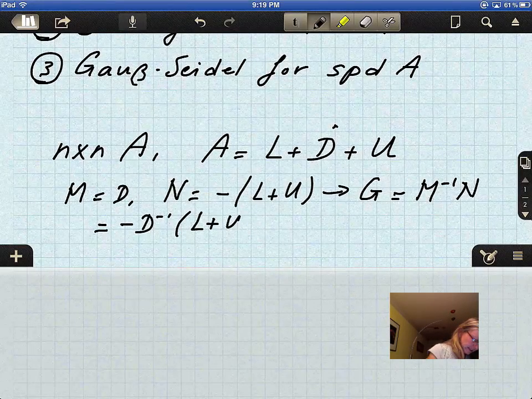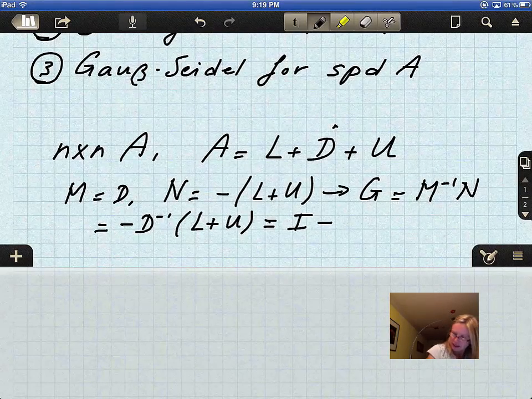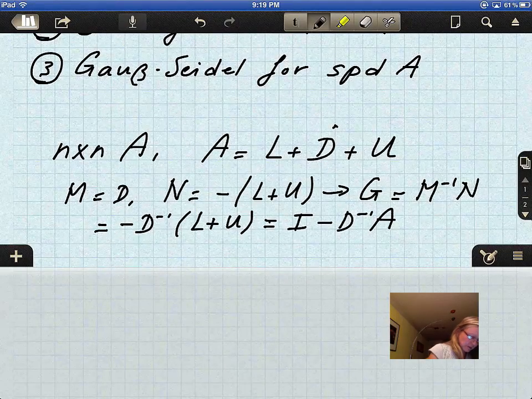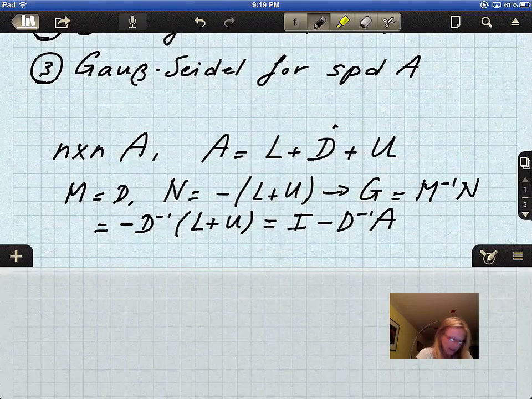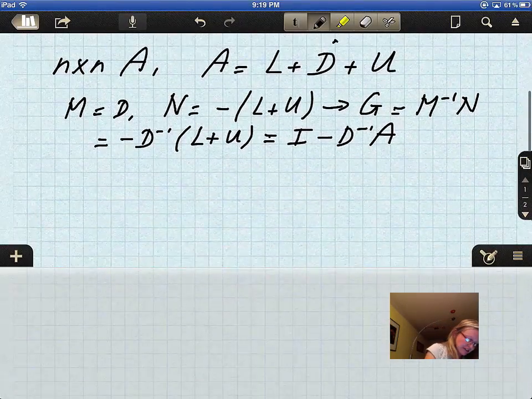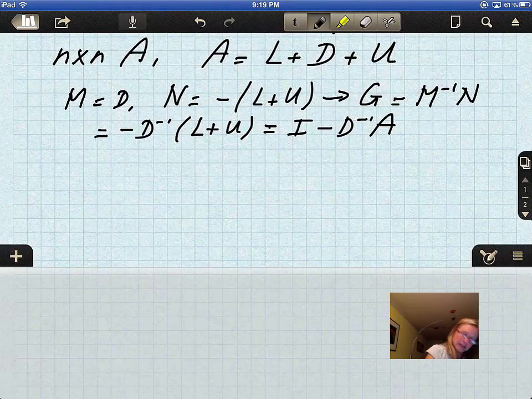But if you look at this, then we can also write this as the identity minus the inverse of D times A. And this is actually the one that we're going to be using in this proof here. Now, one thing to note is that this G has a 0 diagonal. That's really easy to see.